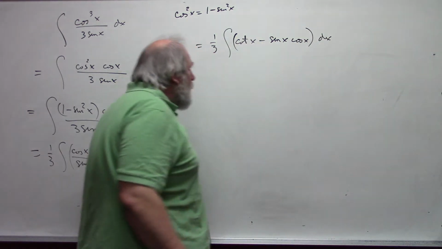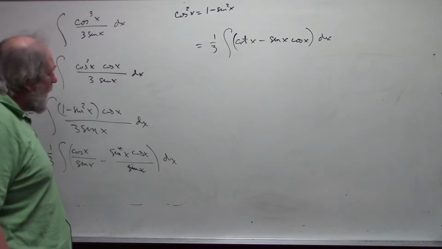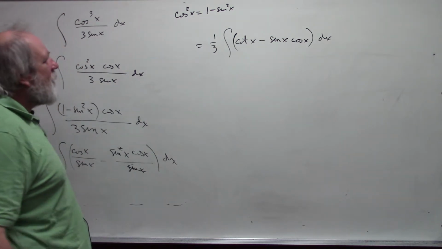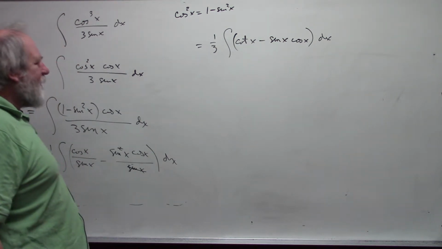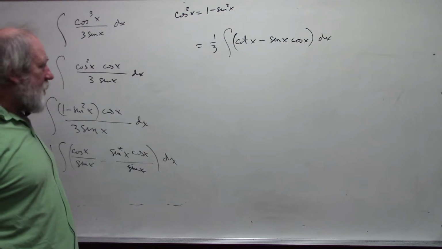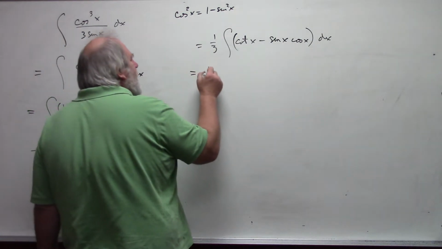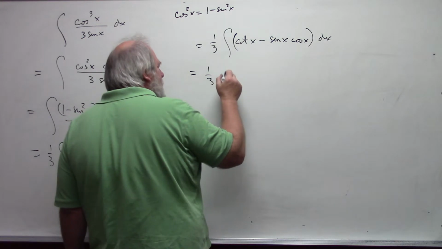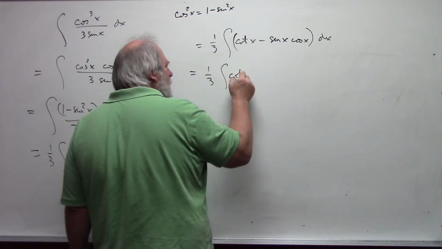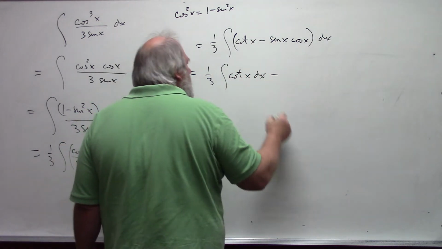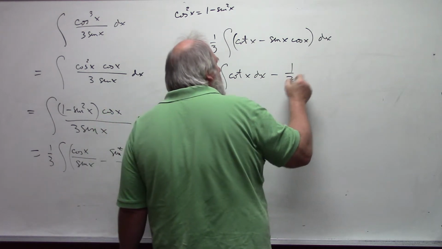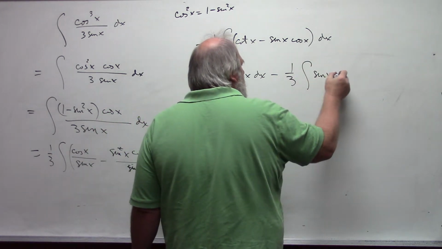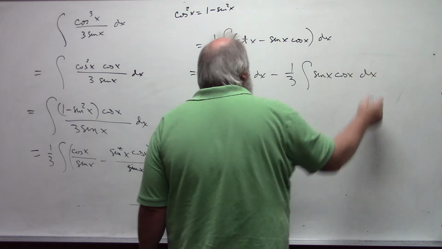Now again, at this point, cotangent is a basic form. Sine x cosine of x requires u sub. And so at this point, I will break this apart. 1/3 the integral of cotangent of x dx minus 1/3 the integral of sine x cosine of x dx.